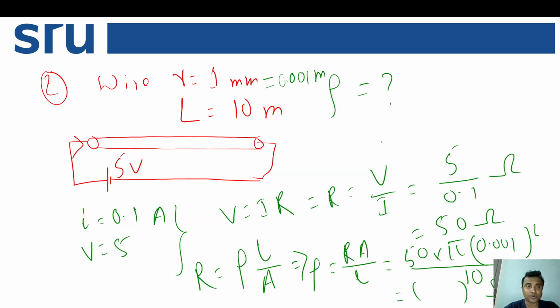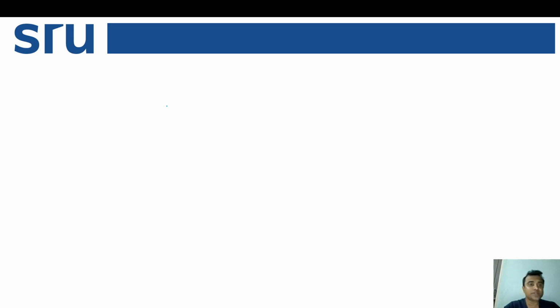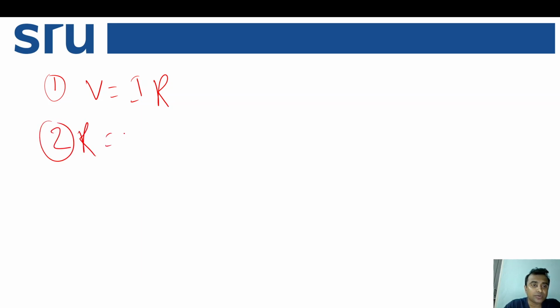So the takeaways we can write down: one is V equal to IR, that is Ohm's law, and two is R equal to rho L over A. In these two equations, there are 4 quantities. If 3 are given, you can calculate the fourth one.